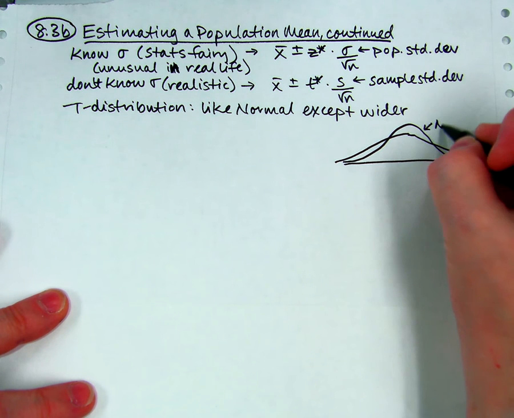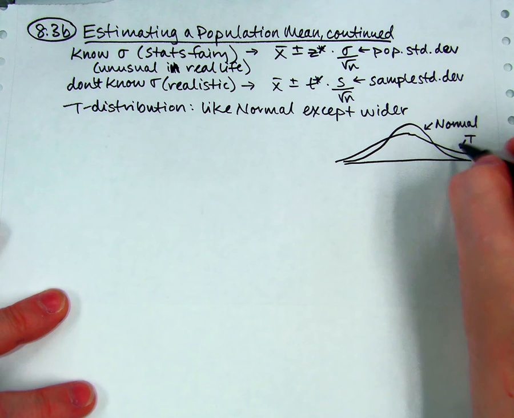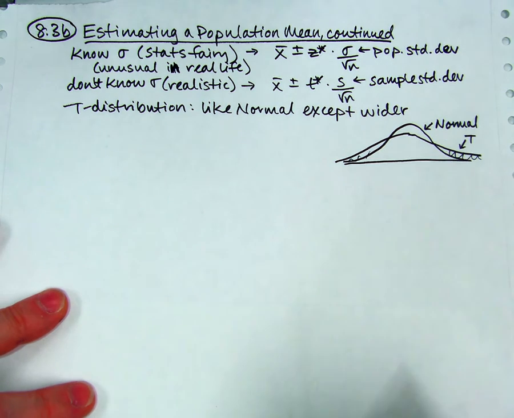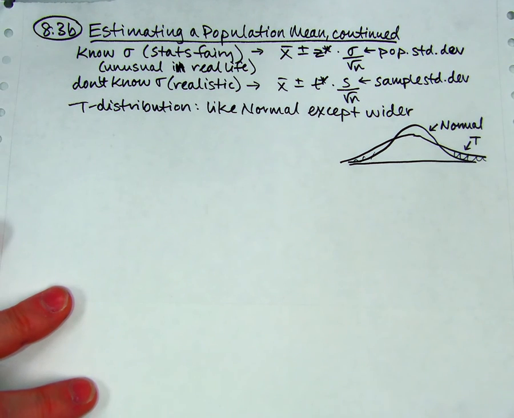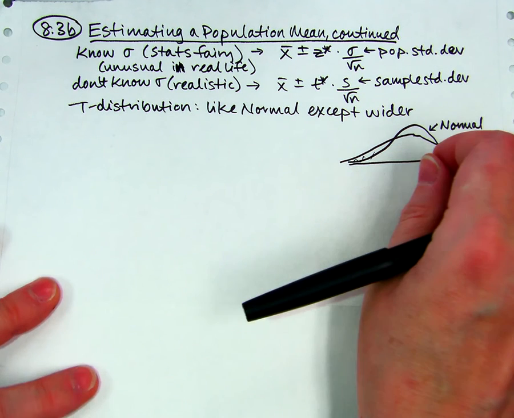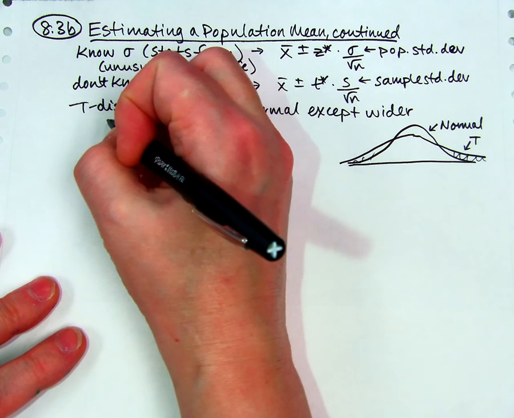So this is normal. This is t. The t has more in the tails than the normal curve, and that's the reason we need it. To make that capture rate of 95% actually be accurate, we have to go wider. It means our intervals will be wider than if we used z, but that's what we want to make it actually capture 95% of the time.